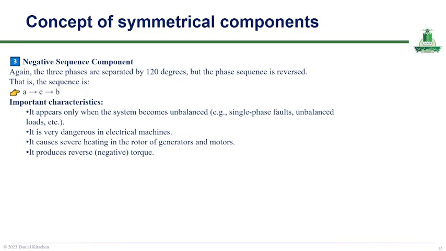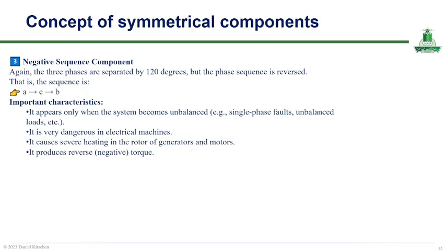All right, this slide introduces the concept of the negative sequence component in symmetrical components analysis. In this case, the three-phase quantities are still balanced in magnitude and separated by 120 degrees, but the key difference is that the phase sequence is reversed, following the order ACB instead of the normal sequence.